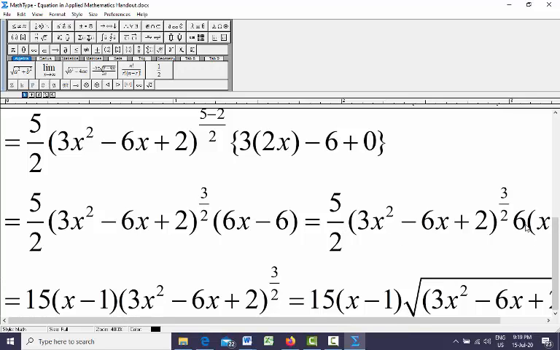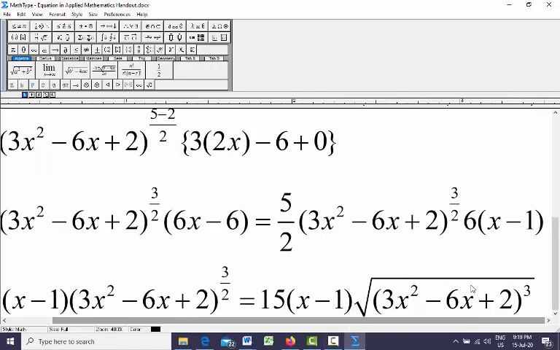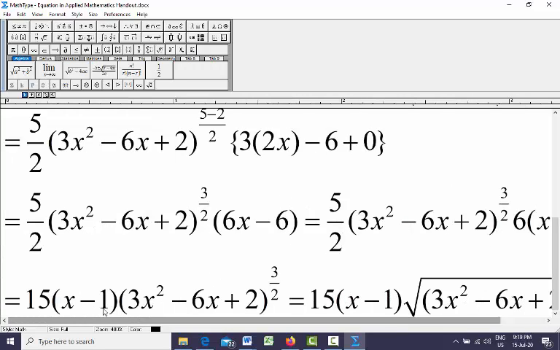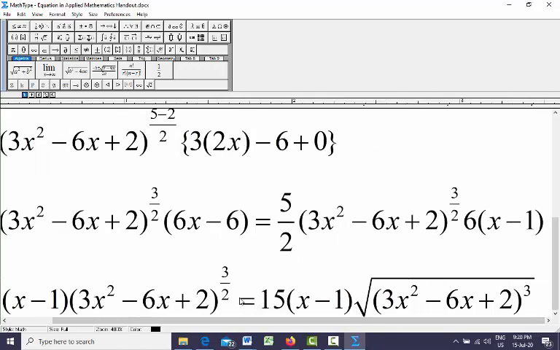We will have 3 here. 3 multiplied by 5 is 15, and from here we have 6x minus 1. We have 6x minus 1 and then this one. So 15 multiplied by x minus 1 multiplied by this one, power 3 by 2. Now what we have, we can write another step here.